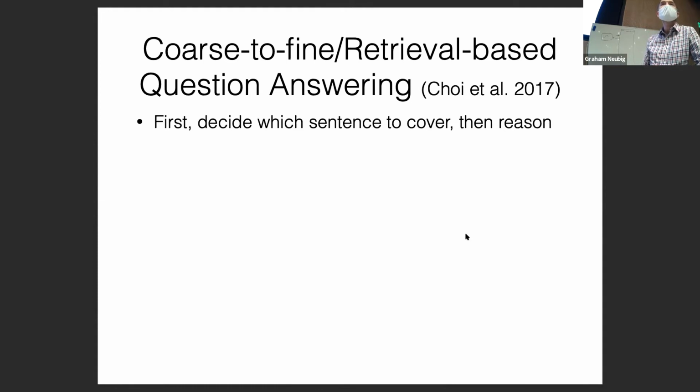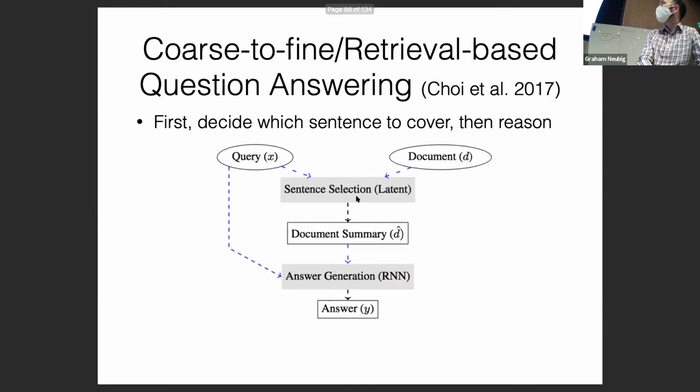It's starting to get long enough that you wouldn't be able to fit it in your big T5 model and still have memory on your GPU. So basically what you do is you first decide which sentences to select, and you do sentence selection, and you create a document summary, and then over that summary, you do answer generation. It says RNN here, but you could use anything else. So this is the basic idea.